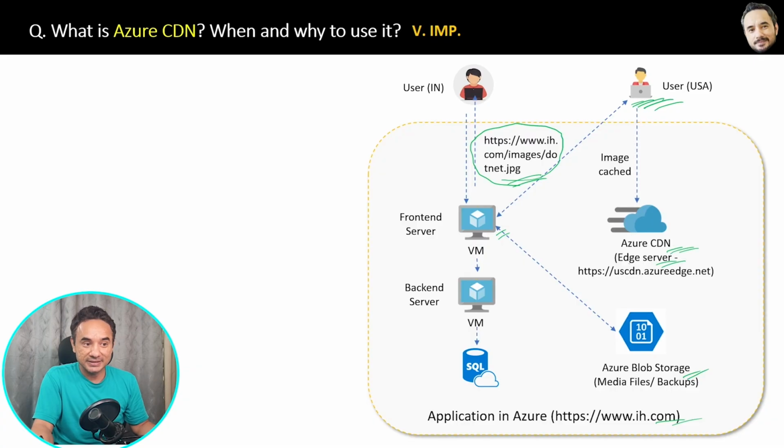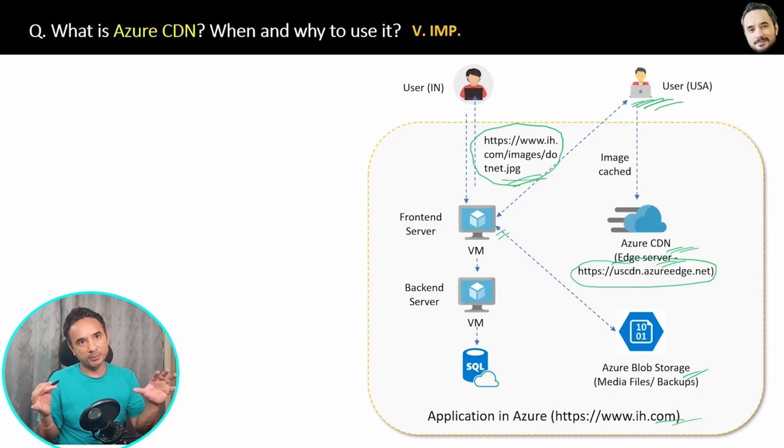So this Edge server will have a different URL, and this you can configure inside your Azure account. Your company will configure. So if your company thinks, okay, there are many users who are coming from USA also to our website, they buy the Azure CDN service in Azure, and that is also called Edge server.